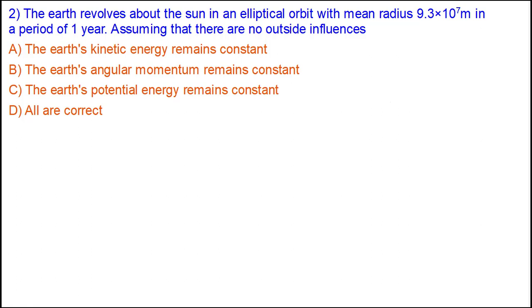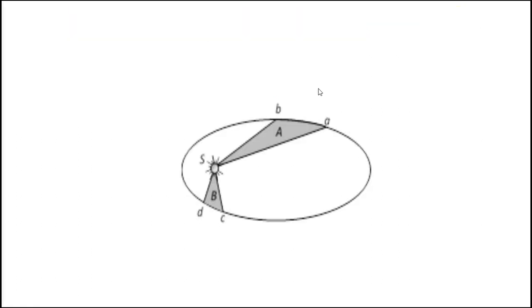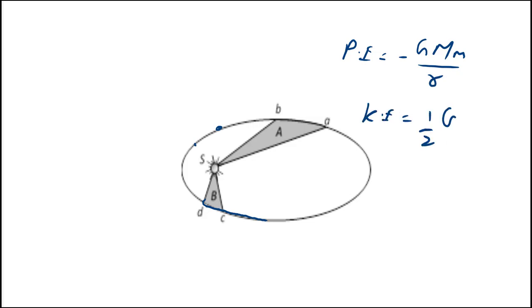Now let's see with respect to the motion of the earth. This is just a simple diagram of the elliptical orbit, and the earth moves around the sun. At some point it's here, then again here, so around the year it moves along this path. Now potential energy is given by minus GMm upon r, and kinetic energy is given by half GMm upon r.